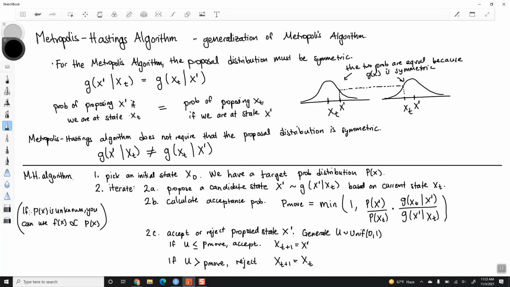All right, so what I want to show you is that if the Metropolis Hastings algorithm, which works in this generalized case, works, then the Metropolis algorithm also works, because the Metropolis algorithm is the same thing as the Metropolis Hastings, it's just this is reduced to 1, okay?